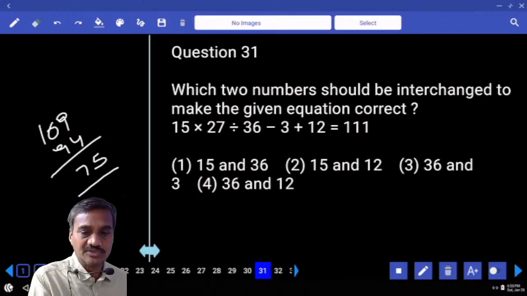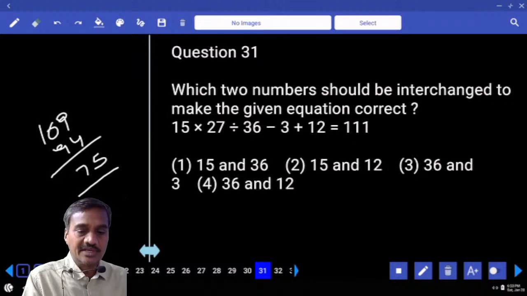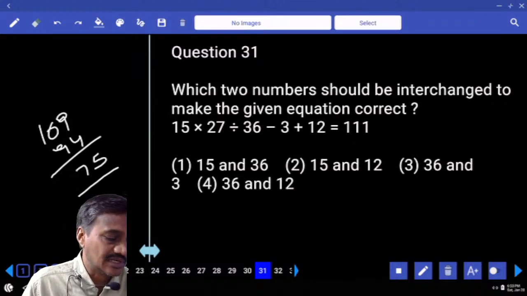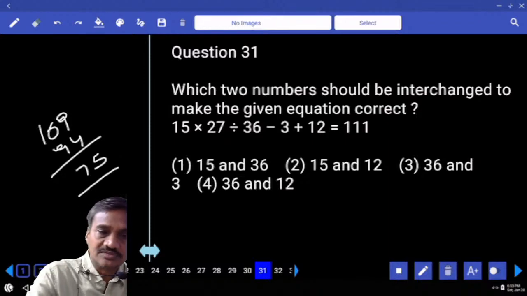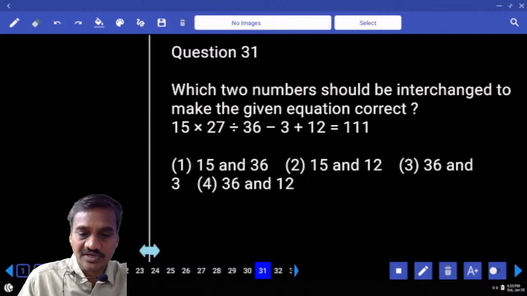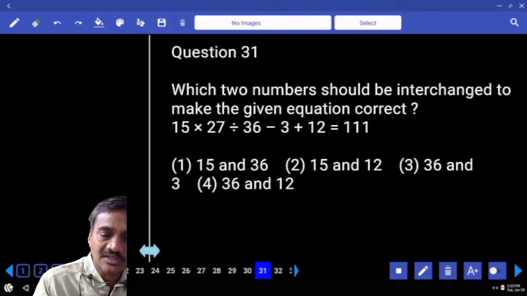The next one, 31. Which 2 numbers should be interchanged to make the given equation correct? Tell me what is your answer in this case. The two elements 15 and 36. Now if you interchange 15 and 36, are you getting this number or not? Here 36, here 15.